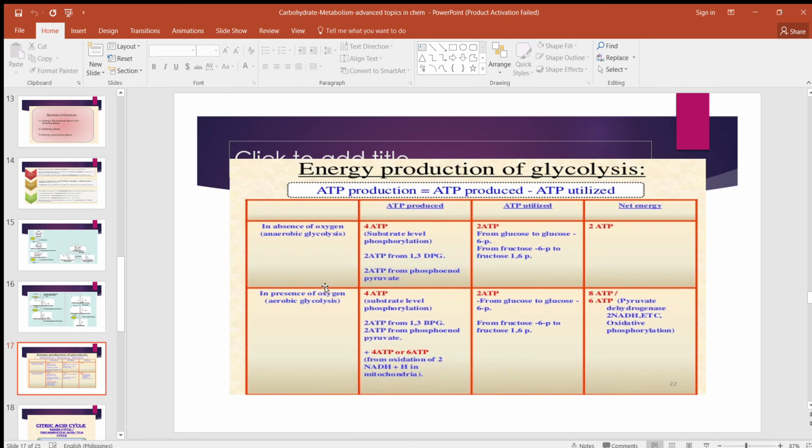So, doon pa lang sa ating process ng glycolysis, nagkakaroon na tayo ng production ng ATP. Doon sa anaerobic, as we have said, meron tayong ATP. Okay, so pag sinabi natin anaerobic, again, oxygen is limited or absent. Okay, so paano nangyayari yon? So pyruvate enters an anaerobic pathway. In this reaction, pyruvate can be converted into lactic acid.